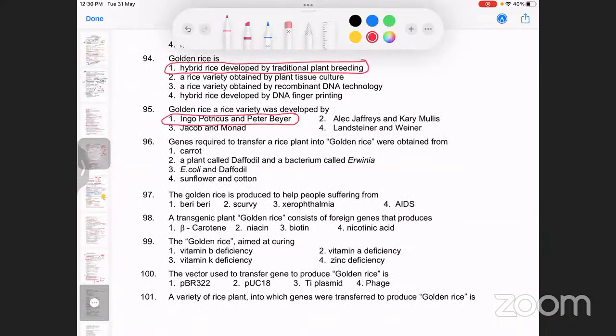The gene required for transforming rice into golden rice was obtained from carrot, because of beta carotene.